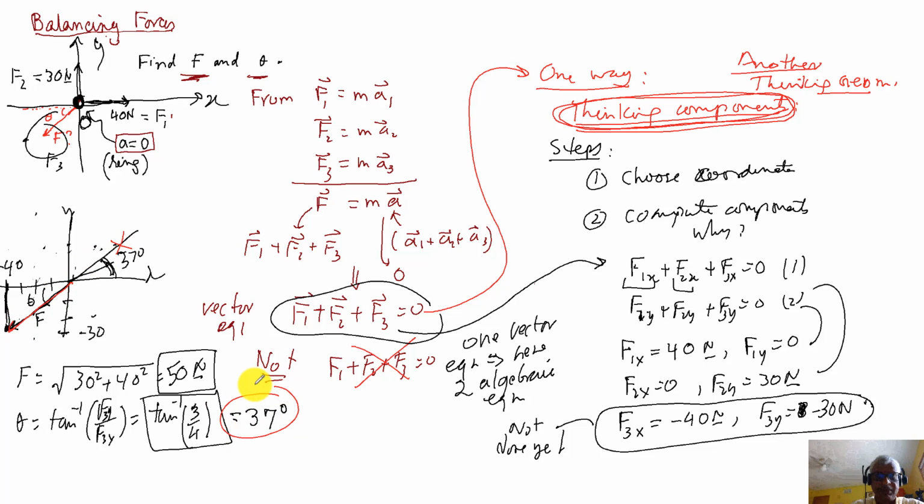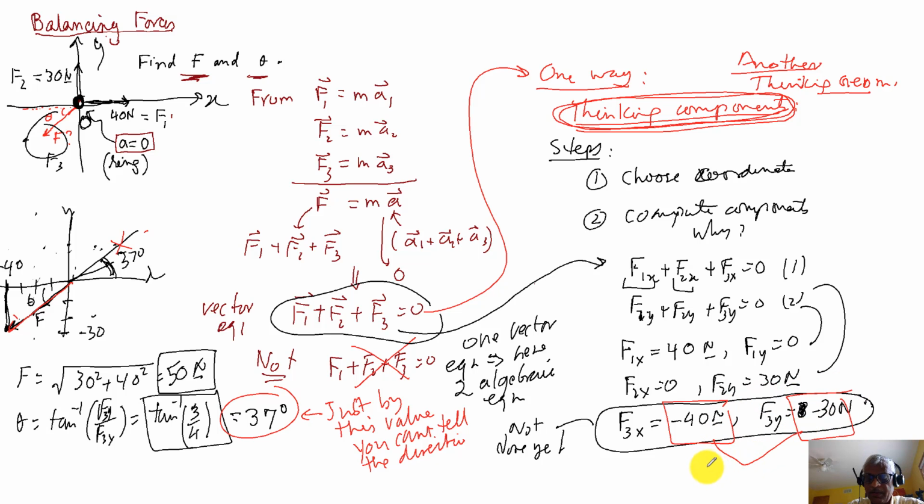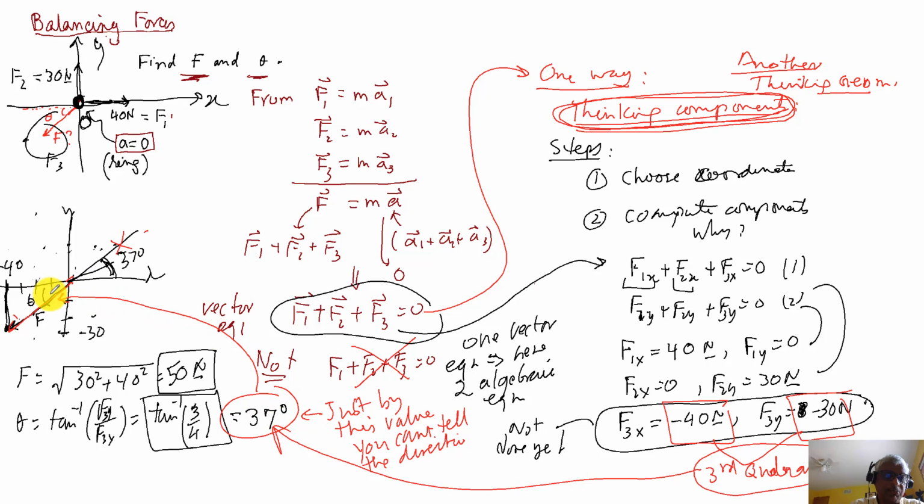Just by this angle, just by this value, you can't tell the direction. You need to know which quadrant it is pointed in. From this and this, we know it is in the third quadrant. And when you put it in the third quadrant, then using this, you say it's going to have to point like that.